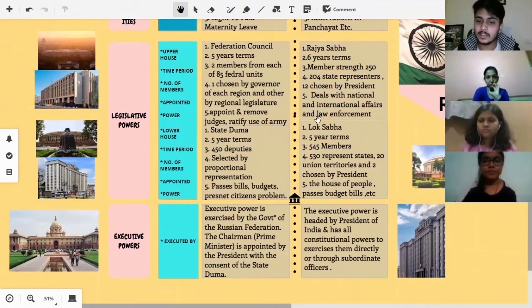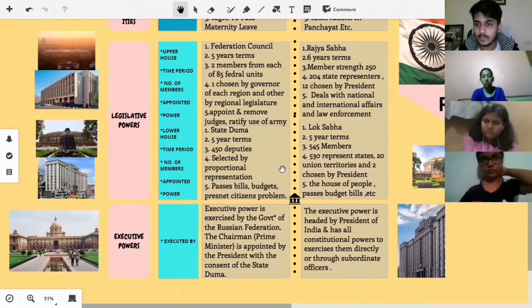And in India, the Lok Sabha works over 5 year terms. On the number of strengths, in the State Duma 140 deputies are appointed, and in the Lok Sabha there are 545 members.